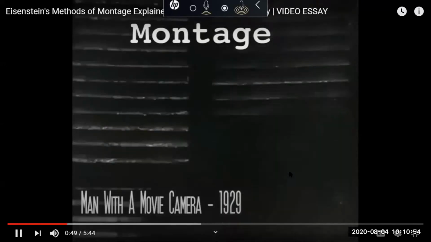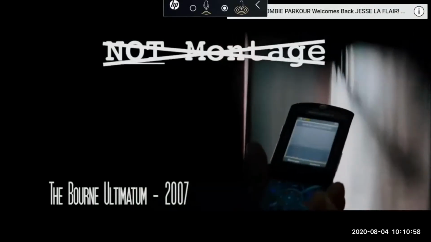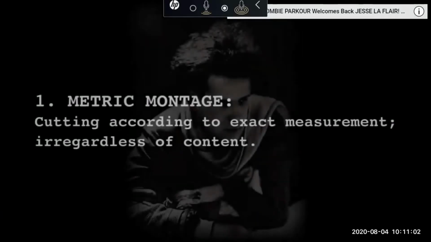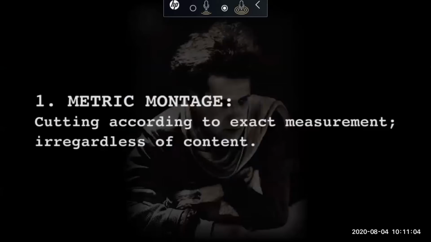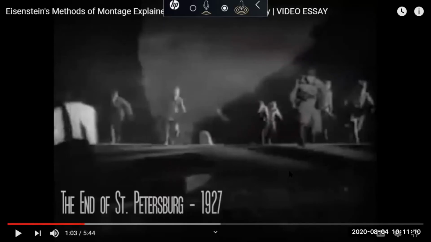So now that we have a basic understanding of what montage is and isn't, let's dive into Eisenstein's 5 methods. Metric montage is cutting according to an exact measured meter or length of time, irregardless of the content of the shot itself. Okay, so here try noticing that whatever number of shots or images appears here, all of them have more or less the same duration.